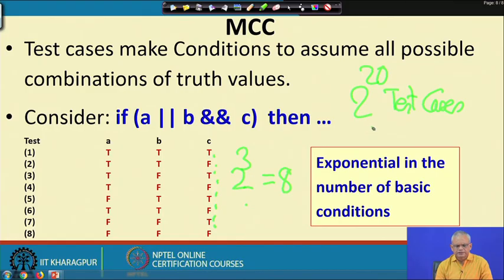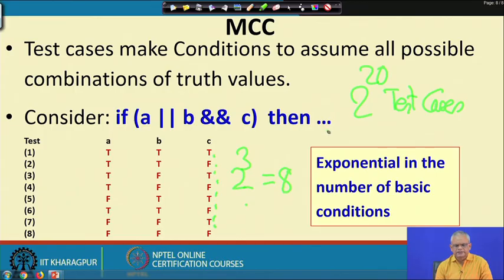Just imagine that just to test one branch we need a million test cases to achieve multiple condition coverage, but if a unit has 10 of that, the number of test cases will be enormous. Even a million is a large number. A tester would have to spend a couple of years to run the million test cases.